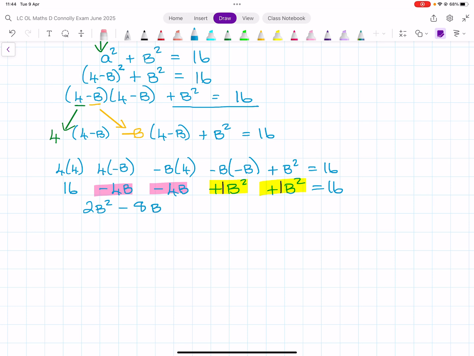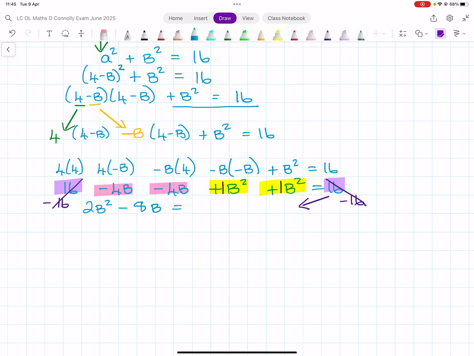Now, these two are also part of the same family, but I can't do it when they're on opposite sides. So I'm going to move this over here. So to move it, we do a minus 16, which will cancel. And then over here, minus 16, which actually also cancels.